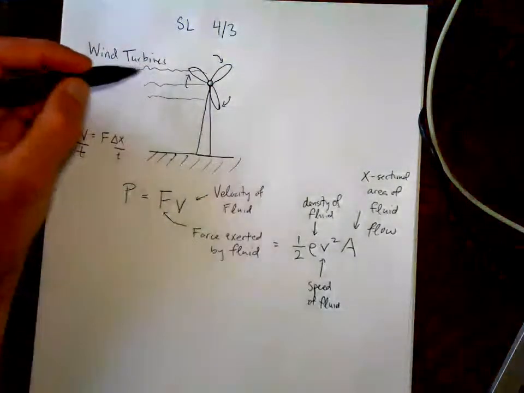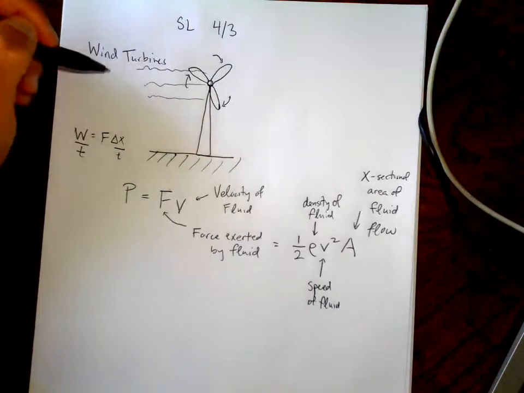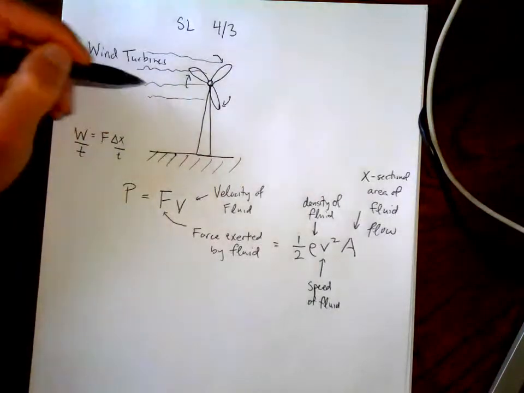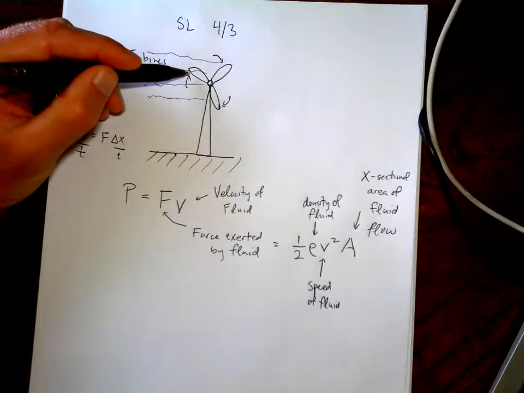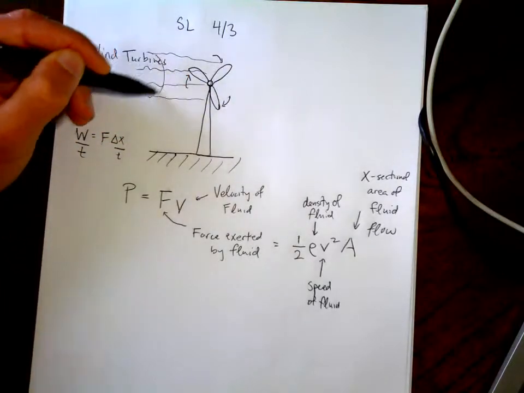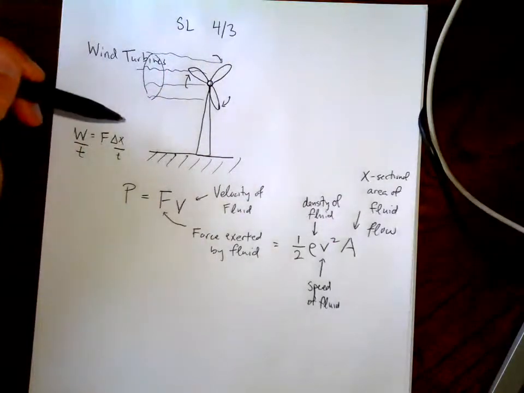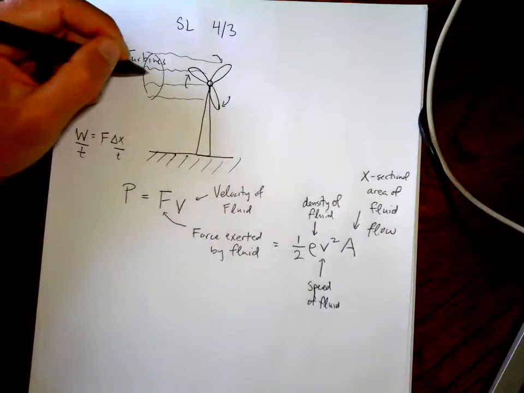When I say that, what I mean essentially is the area that is swept out by the wind turbine. If we think about this as a tube of air being fed into the wind turbine, it's the area of that tube.